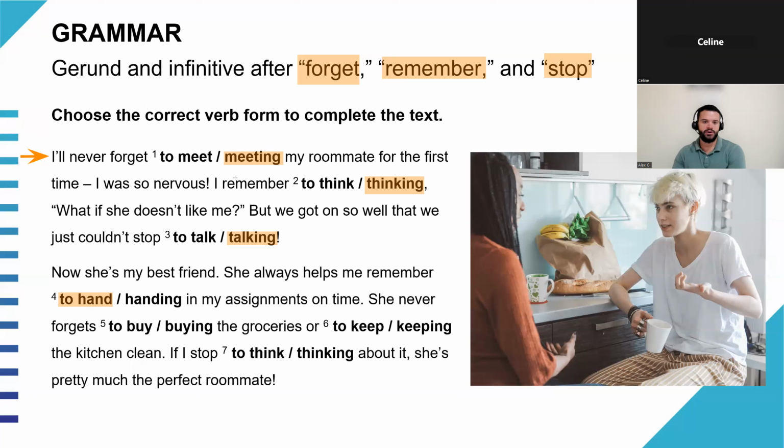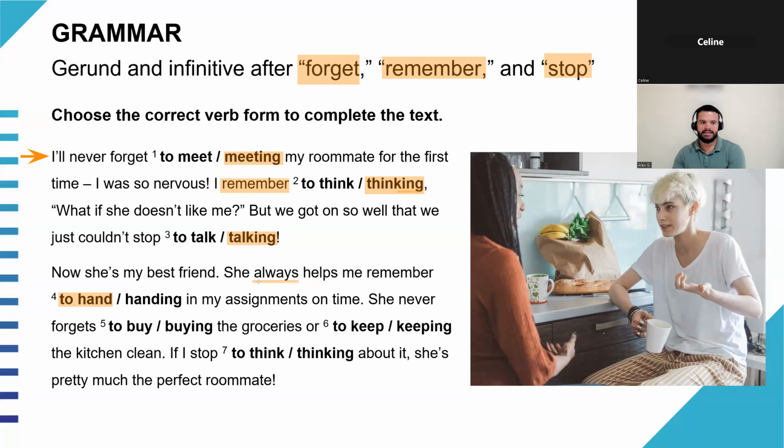So I remember thinking, she always helps me remember. I guess the difference here is going to be always. Because we have always remembers me, it's going to be the regular form. So here we have remember, and we have the ing, so this is correct. This is fine. Forget meeting, this is correct.